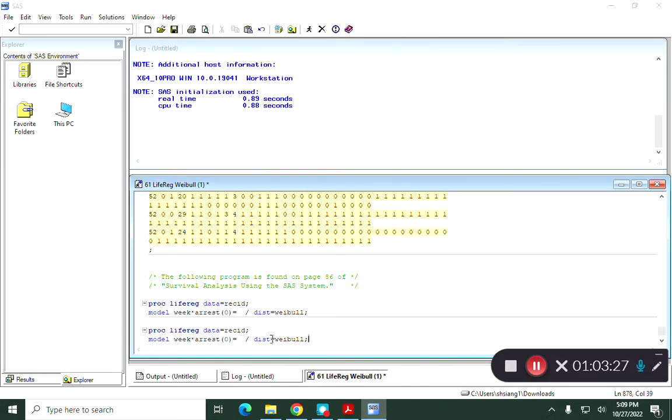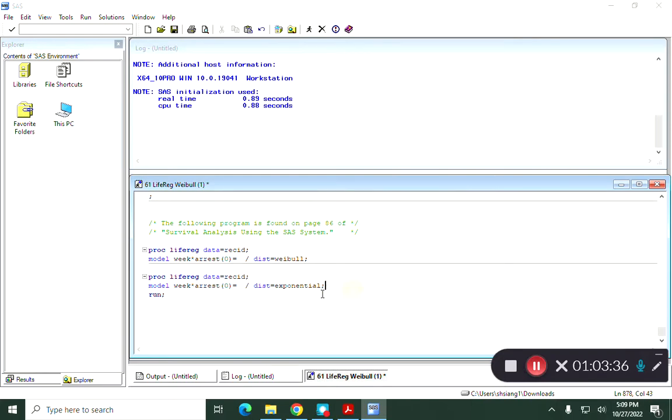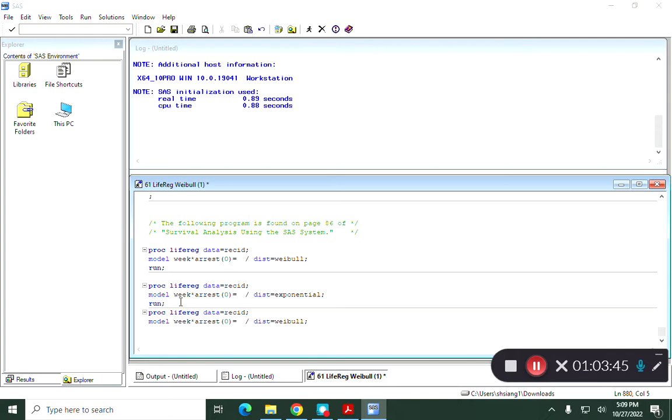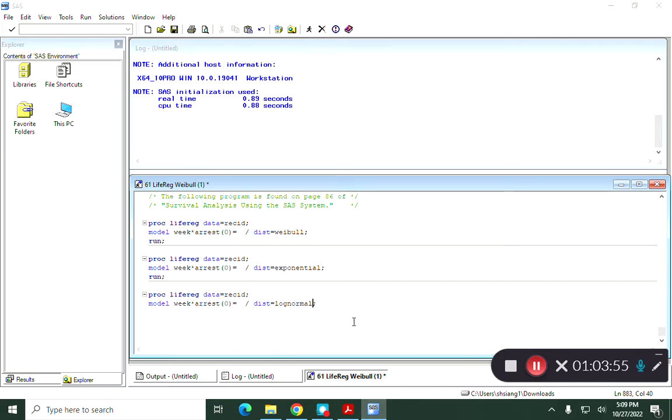And you can have lognormal. Now I have exponential. And lognormal. Okay. And run. Okay.